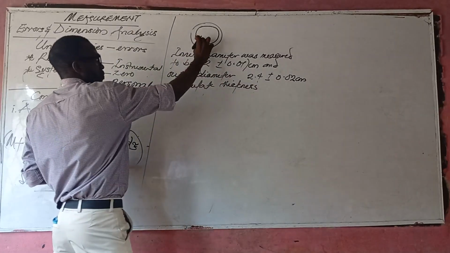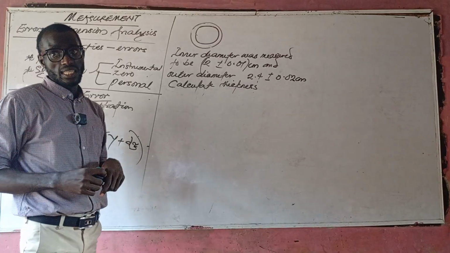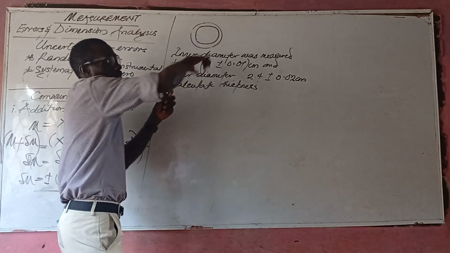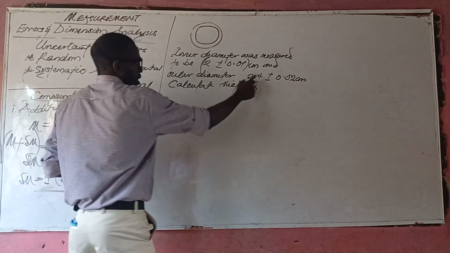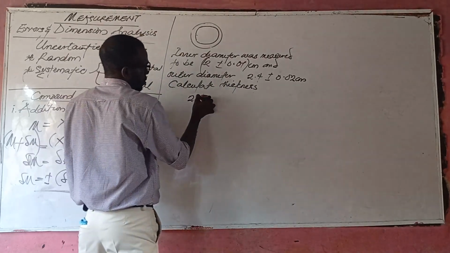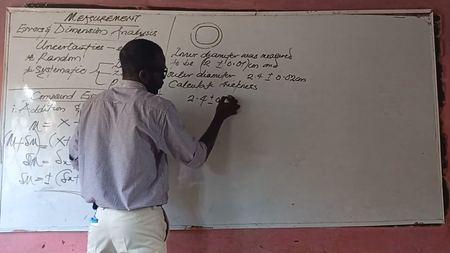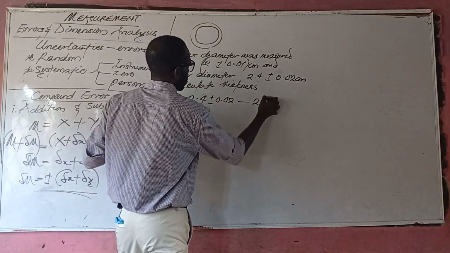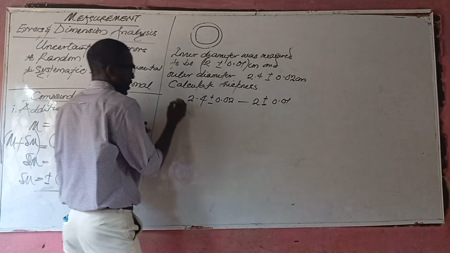Calculate the thickness of this pipe. Are you adding or subtracting? Subtracting, right? Because this is the inner diameter and the outer diameter, so you subtract inner from outer. Is that clear? So that's subtracting 2.4 plus or minus 0.02 minus 2.2 plus or minus 0.01. That is the thickness.